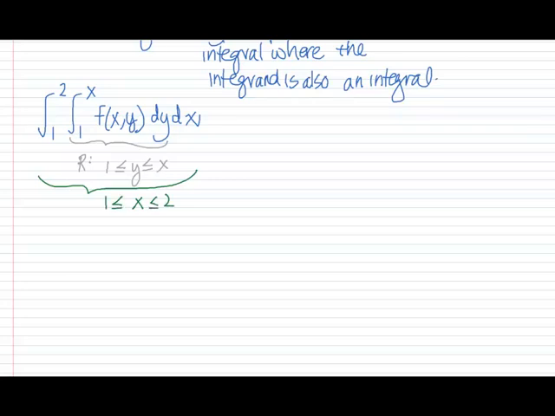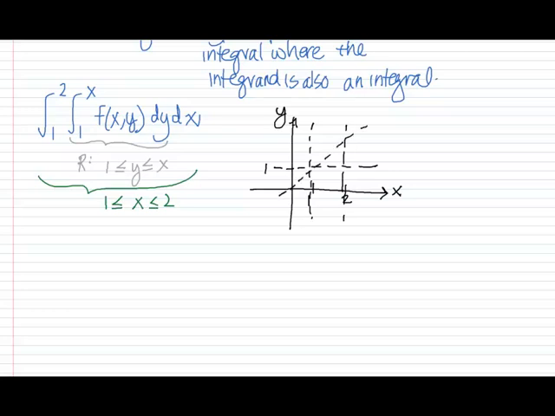So from this, we can actually see the region on the xy plane where x is between 1 and 2, so that means you have these two vertical lines, and y is greater than or equal to 1 is a horizontal line at 1, and y equals x is a diagonal line, and since y is bounded between those and x is bounded between the other two pieces, this is the region that we have.